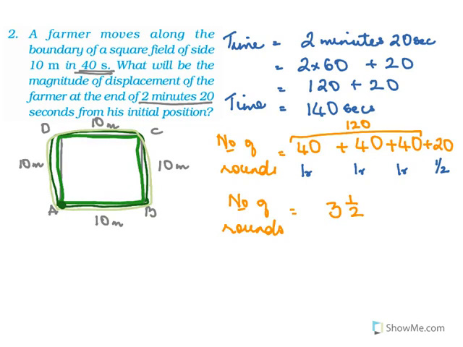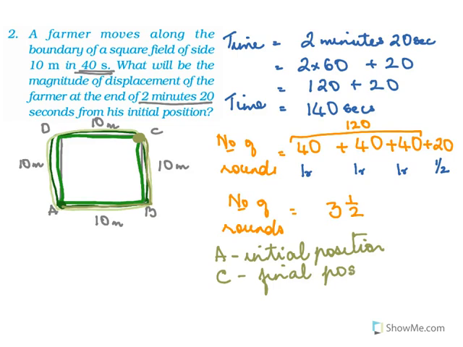So he's at this point, now he's going to take half the round, so he would be till here. So A would be his initial position, and C would be the final position. And your AC, this would be the displacement.